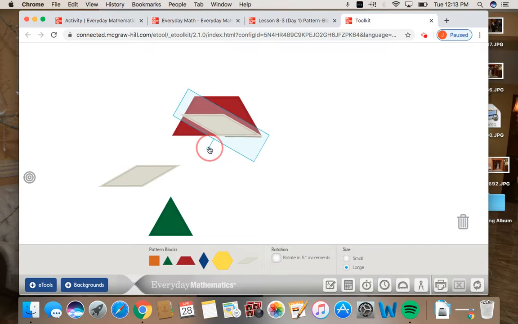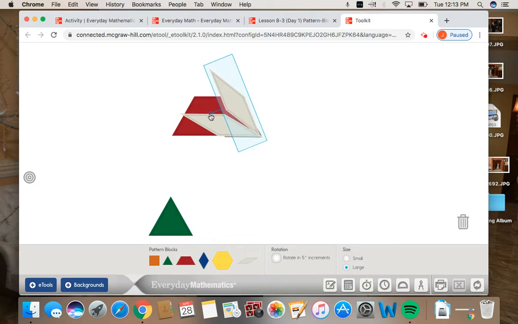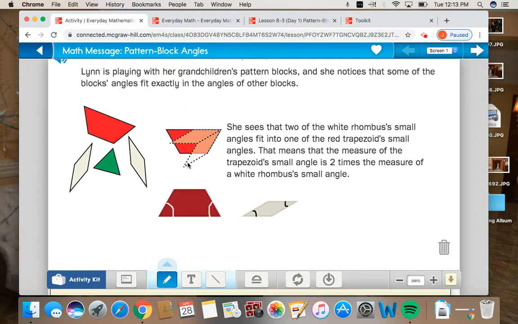Let me just turn it a little bit more. There's one, and I see inside the angle, I have a little bit of a red sliver, and I can turn this one. Let's see if that fills up the space so I can see exactly what they're talking about. Right about there. So whatever the measure is of that red angle, of the red trapezoid, is 2 of the white rhombuses. So that's what they're explaining.